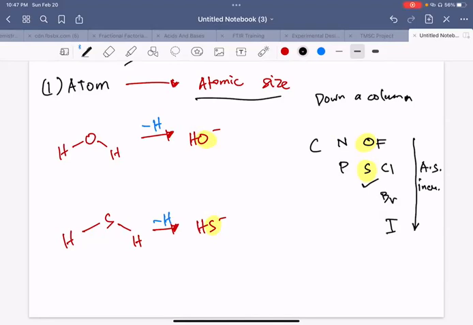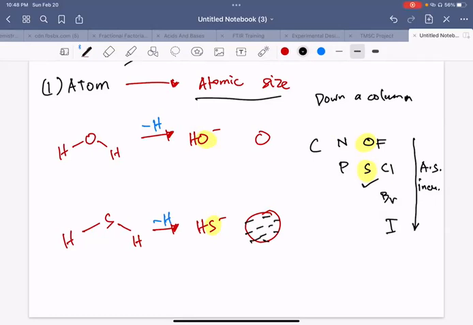So if we compare, if this is the oxygen atom and this is sulfur, which is bigger, the tendency is sulfur is more polarizable, meaning to say there is more area for the electrons to flow within the space.